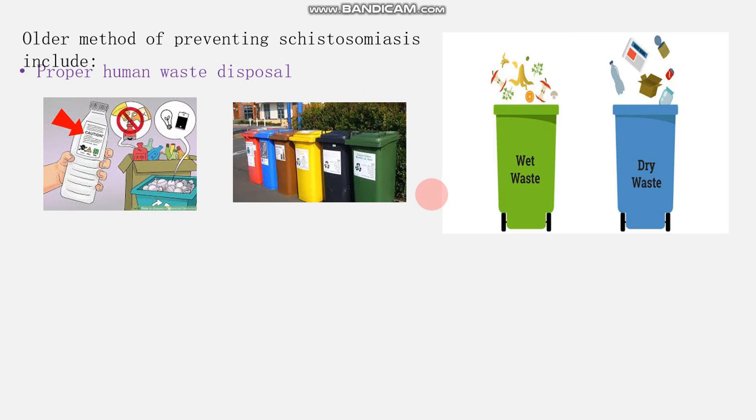We have orange bin for plastic, green for organic waste, yellow for glass, blue for metal, red for e-waste, and black for paper. Next, we have control of the snail population.